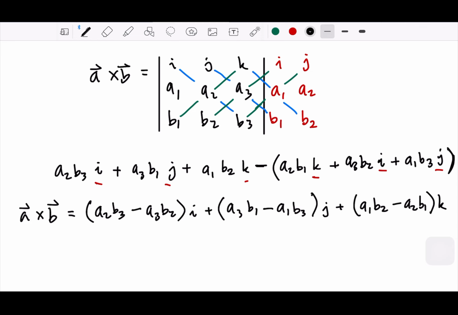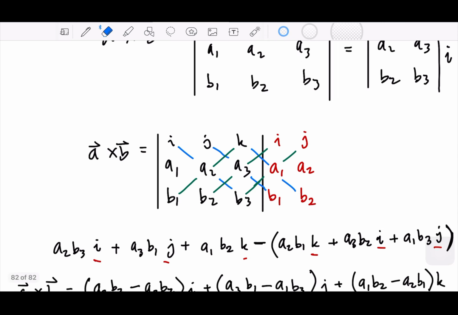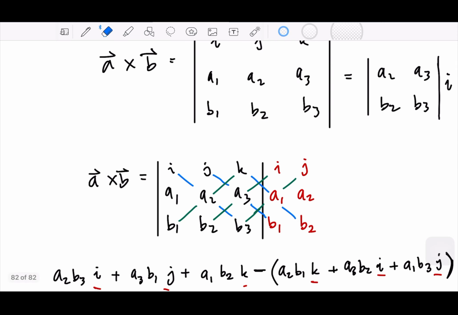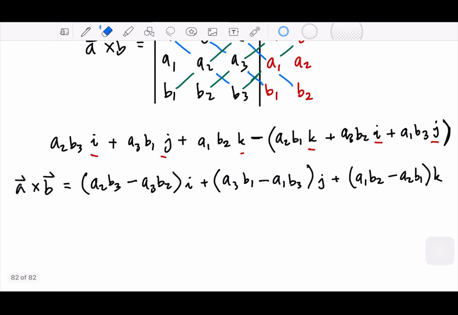Okay. And then minus, adding the green ones. Multiply, and multiply. This, I think, is faster than the original method here. And this is not in your textbook. So I believe it should help you to calculate maybe faster than the usual one.